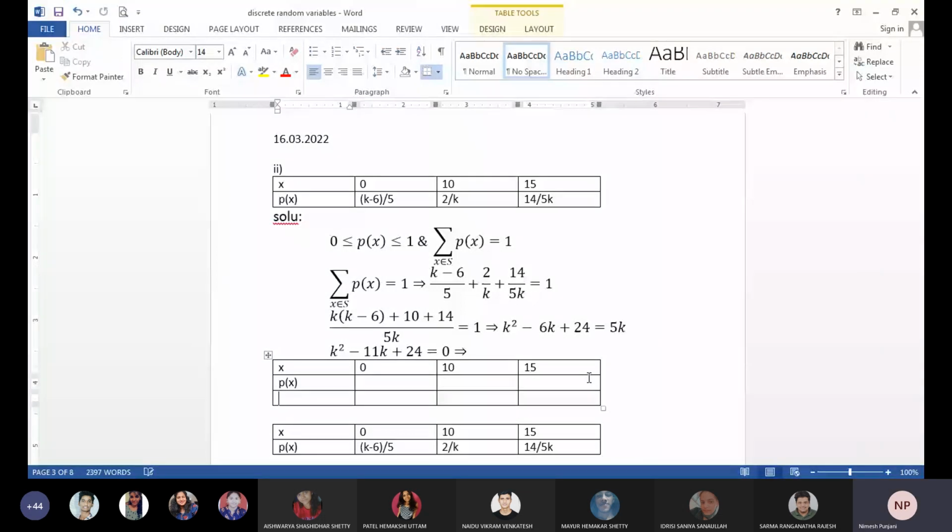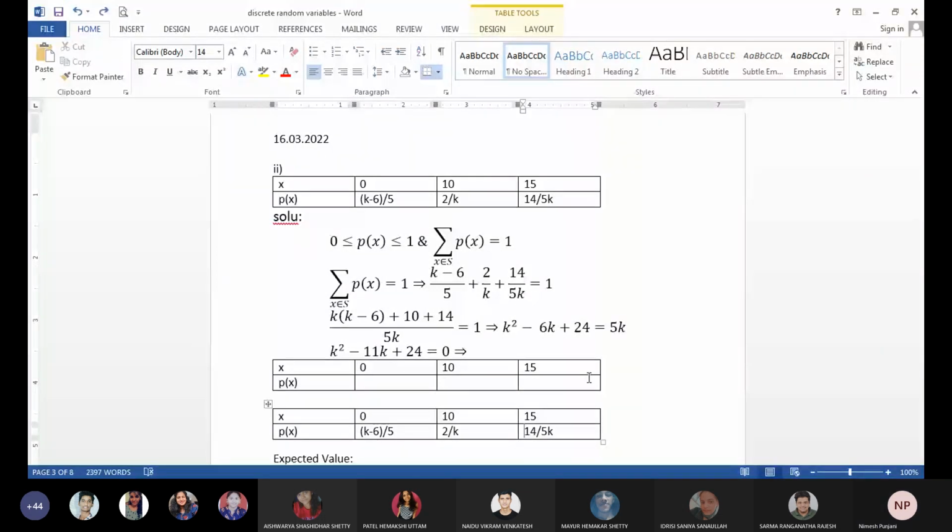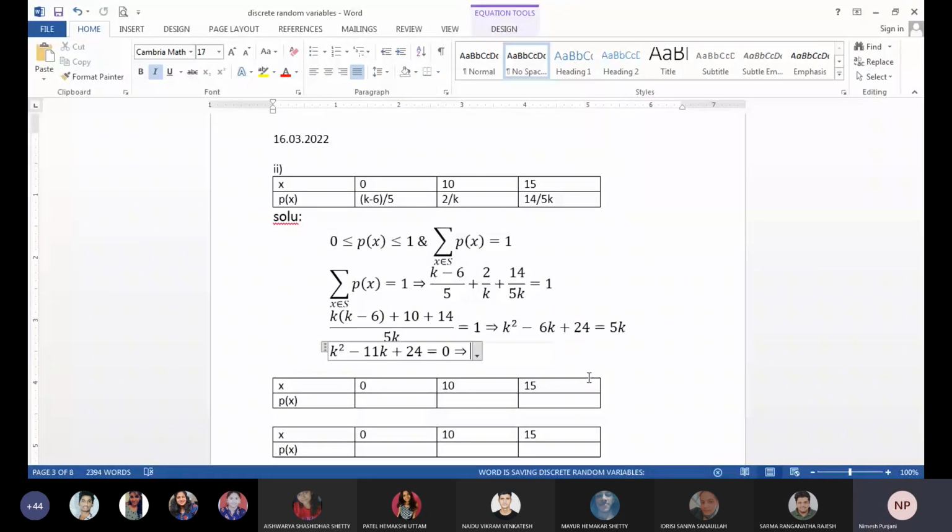इफ यू आर टेलिंग द वैल्यूज आर 3 and 8, तो उसका फैक्टर्स क्या होगा? I'm not telling your answer is correct or wrong, I'm just asking. Sir, 3 and 8 तो k का वैल्यू हो गया ना.